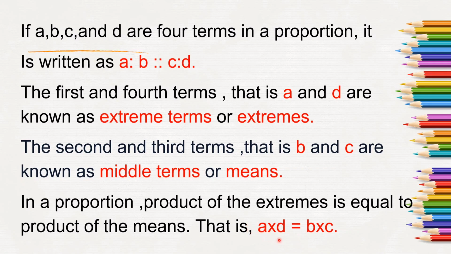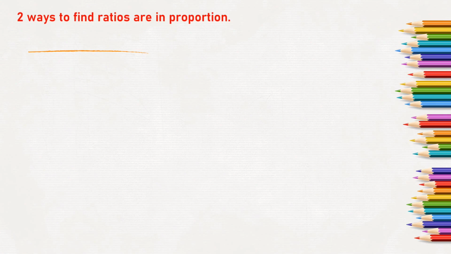If A into D is equal to B into C, extremes equal means, then these ratios are proportionate. Otherwise, the ratios are not proportionate. There are two ways we can find whether the ratios are proportionate or not. Look at an example here.